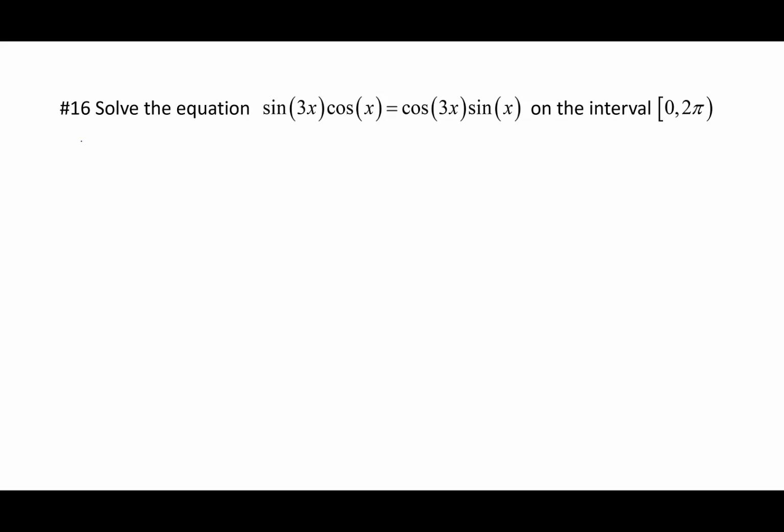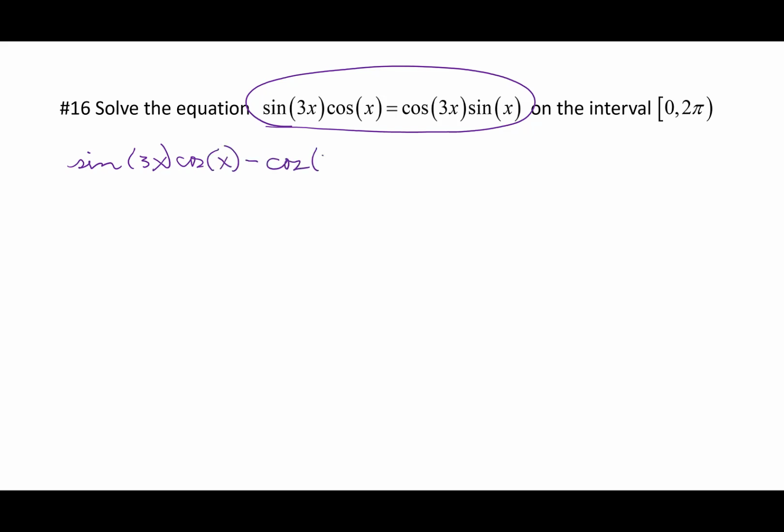Let's start by getting a 0 on the right side of this equation. And so I'll rewrite the equation as sine of 3x times cosine of x, minus cosine of 3x times sine of x, equals 0. Okay, this looks kind of like an alpha beta problem now.